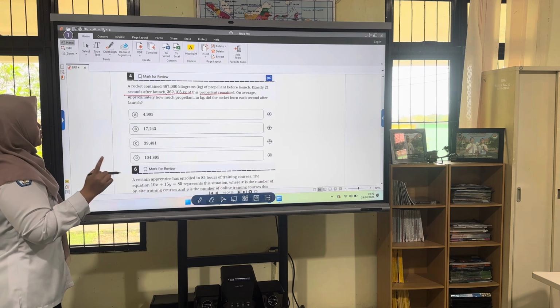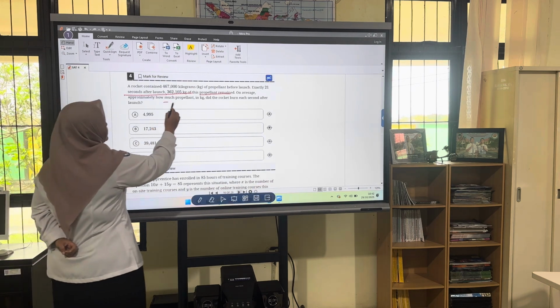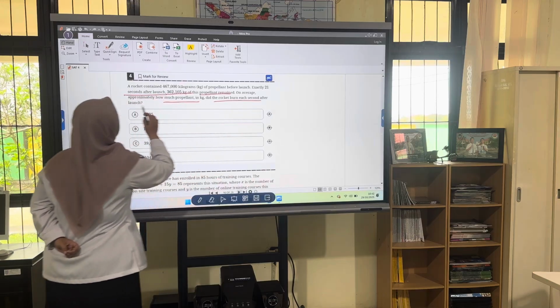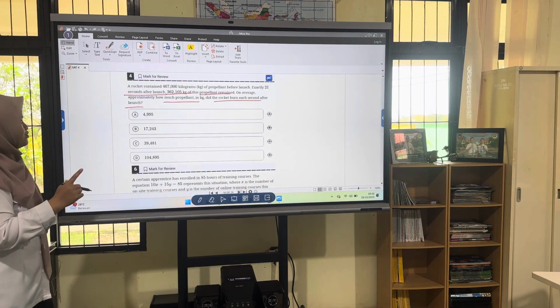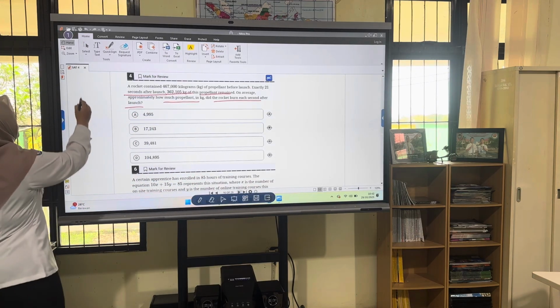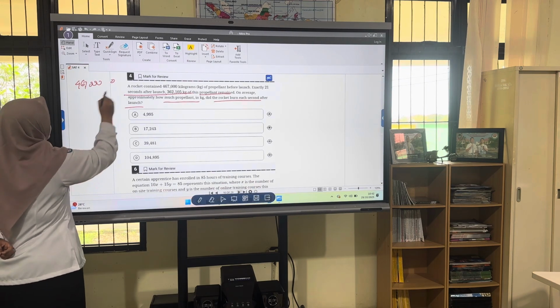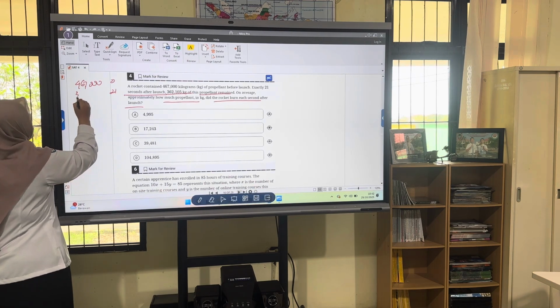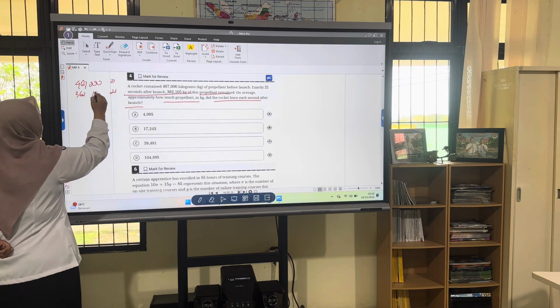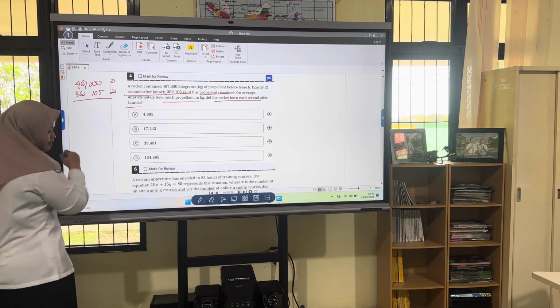What is the approximate average amount of propellant, in kilograms, the rocket burned per second after launch? So you get 467,000 because this is the start, and after 20 seconds there will be 362,105. There you will get the value.